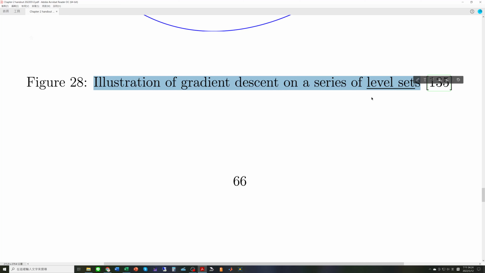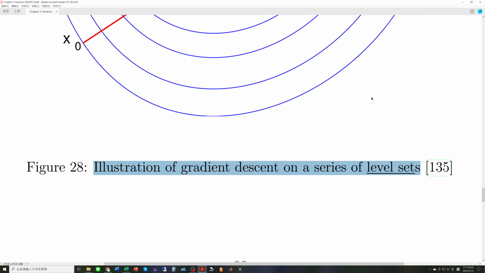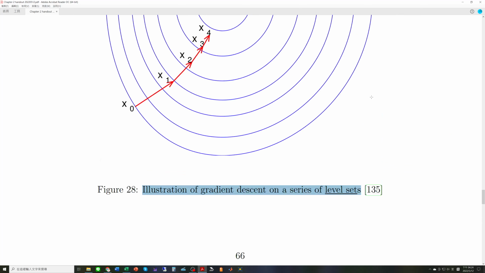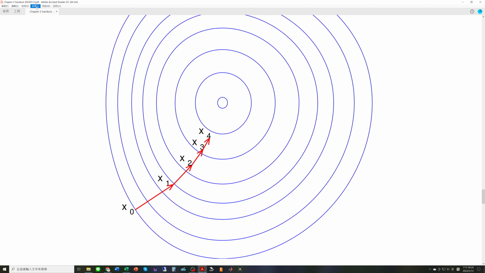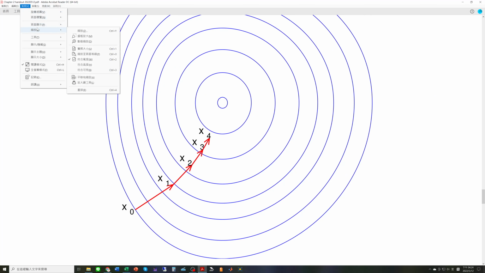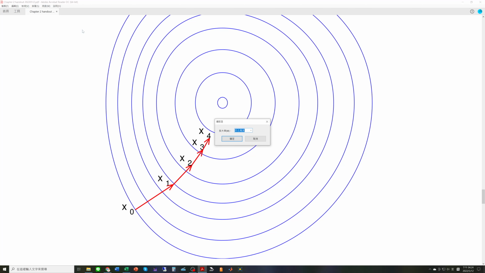We will introduce what a level set is later. Please look at this figure. I need to make it smaller. Let me try. First 100%.